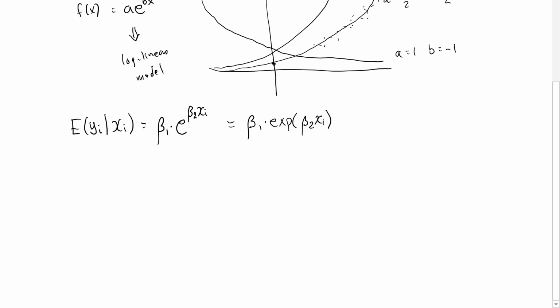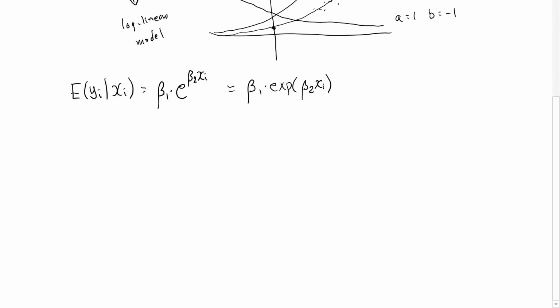So exp parenthesis and e raised to something is exactly the same thing. We make it into econometrics by adding a multiplicative error term, just like in the log-log model. So our complete specification is this one, at least for the case with one explanatory variable.